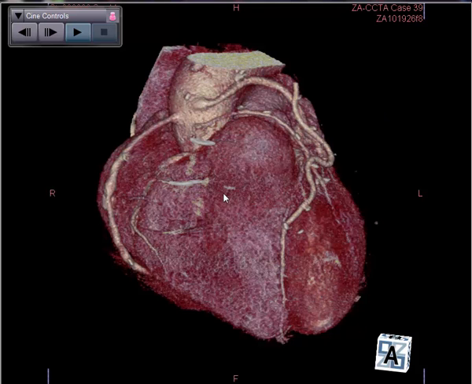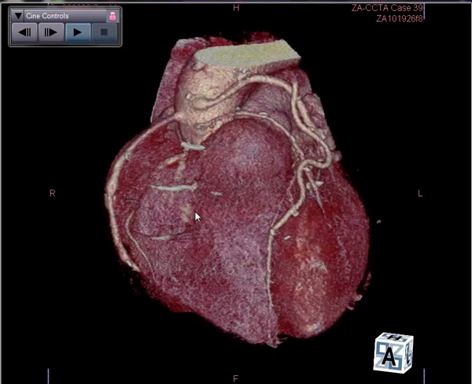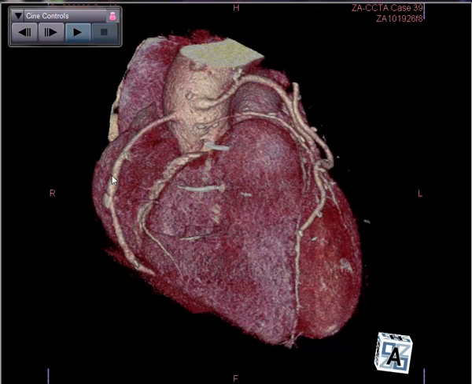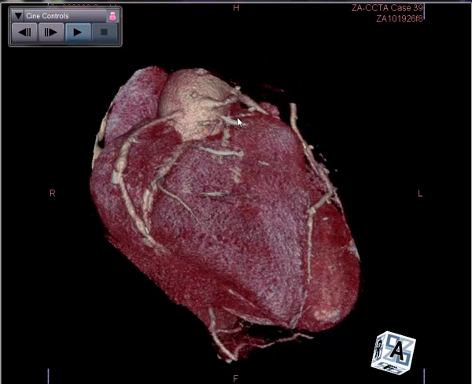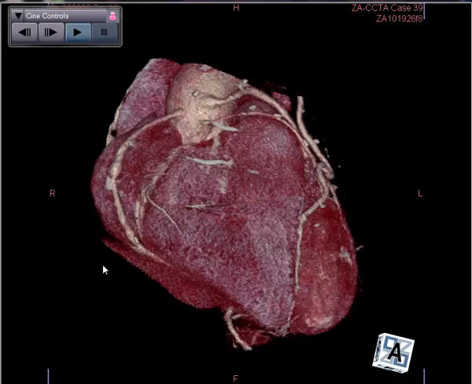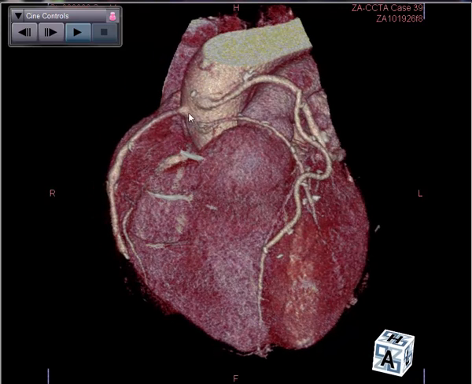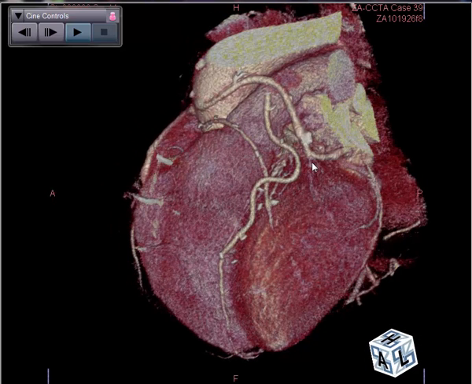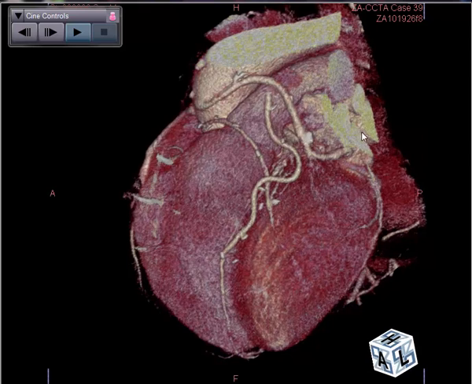I can see now 4 bypass grafts. I can see a saphenous vein that's going to the region of the distal right coronary. I can see a saphenous vein graft coming over to probably the area of the obtuse marginal, though I need to look at this a little more carefully.